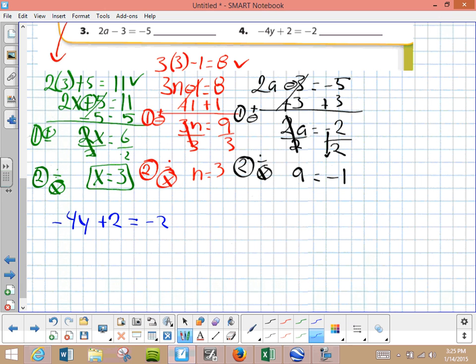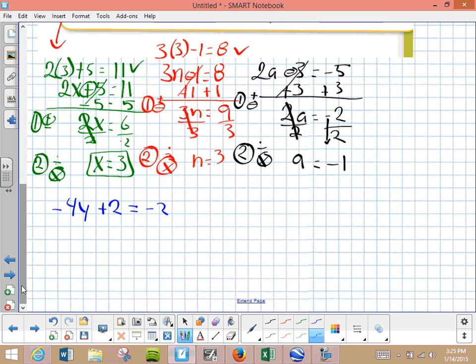Pay attention because this one uses both the boy and girl situation and the division and multiplication with the different signs. So Stephen, what do I do? You're adding, so you will subtract, right? Subtract 2 from both sides. That goes away. Okay. What do I get there?